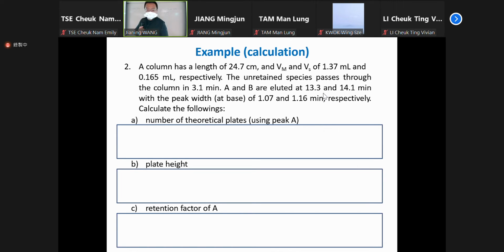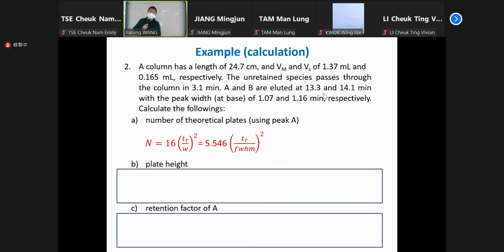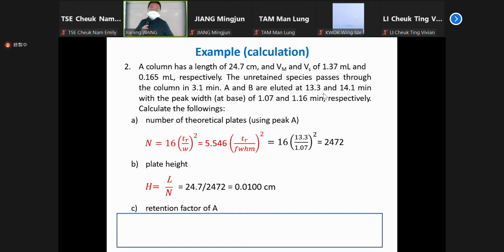So question A is similar to the previous one. You can apply this equation, right? So plate height, we have N, so we can easily get the H. So what's the retention factor of A?